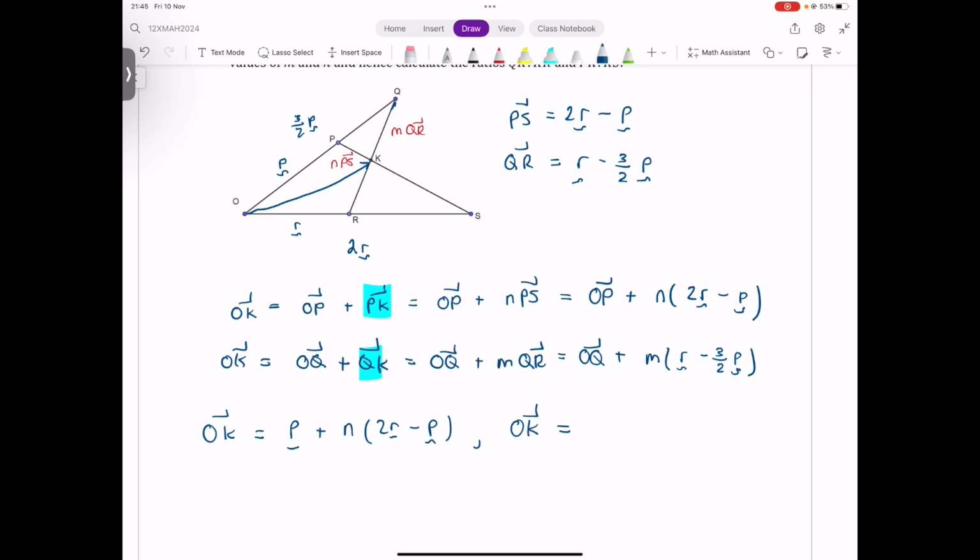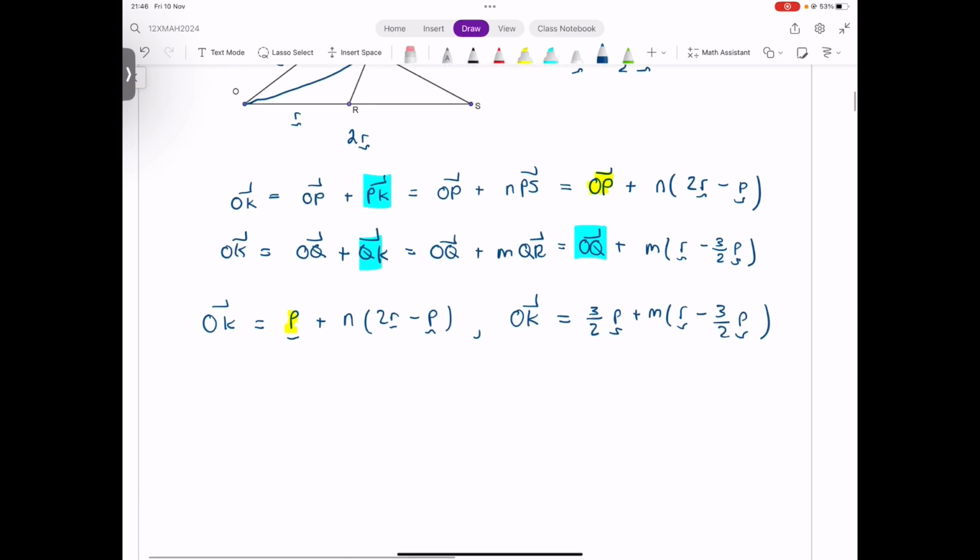Well, OQ, that's that thing here. I might highlight this OP there and that P there to show they're the same. So OQ is equal to 3 on 2P. We're told that in the question. So 3 on 2P plus M times R minus 3 on 2P. I'll highlight that as the same as the thing above it in blue.